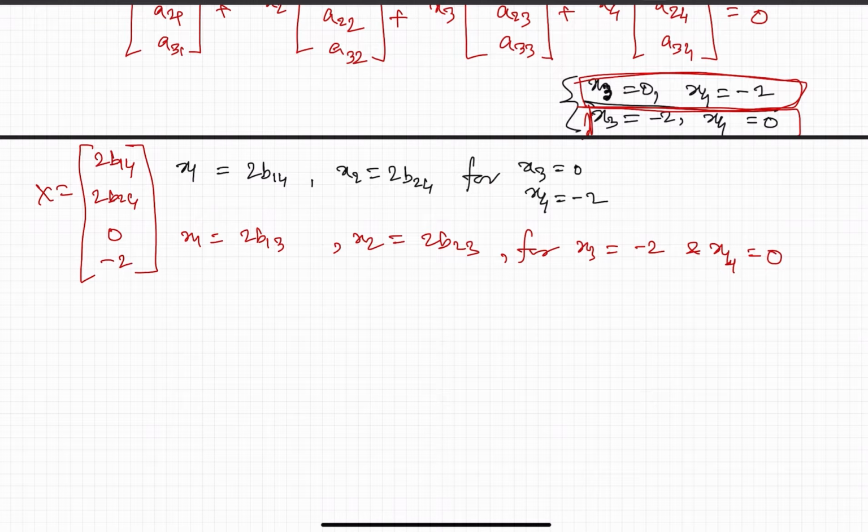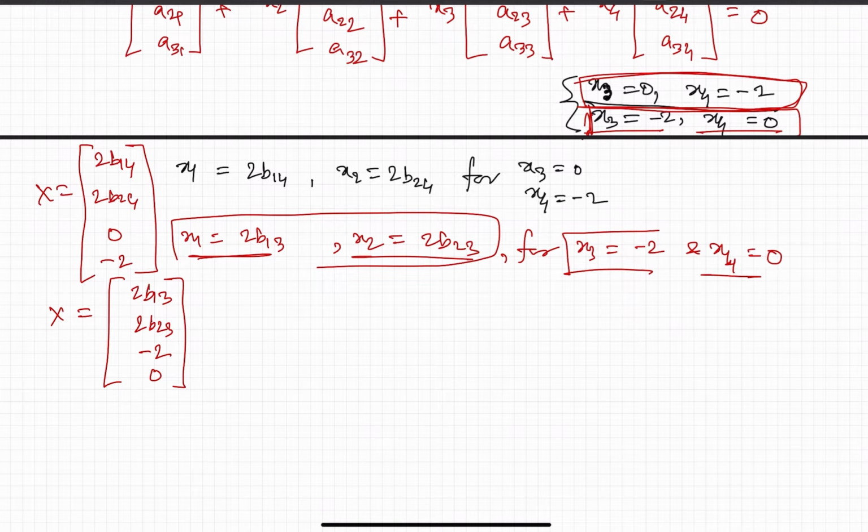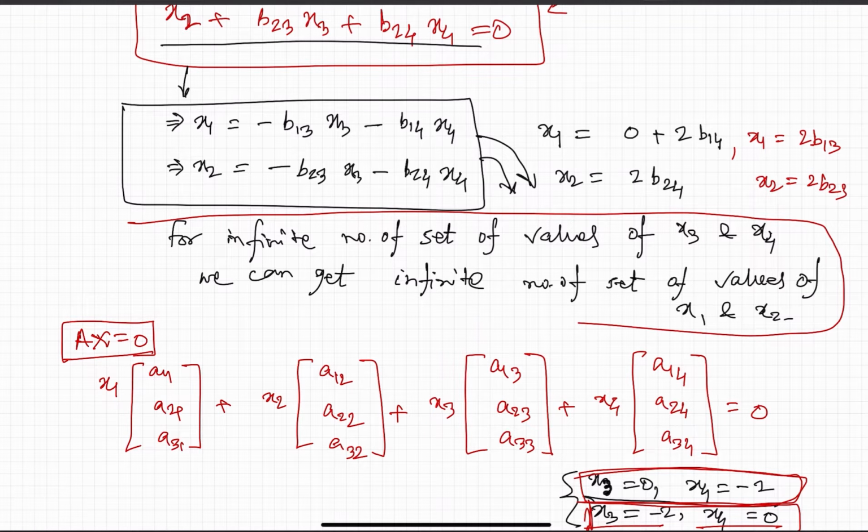And for the second set of values, that is x3 is equal to minus 2 and x4 is equal to 0, we will have x as (2b13, 2b23, minus 2, 0). So for any set of values, we will get a distinct set of x1 and x2, and for that we can have infinite number of x, that we have already written here. This is very, very important.